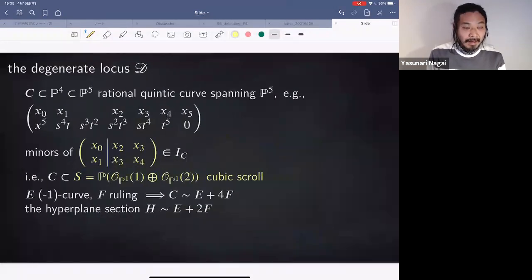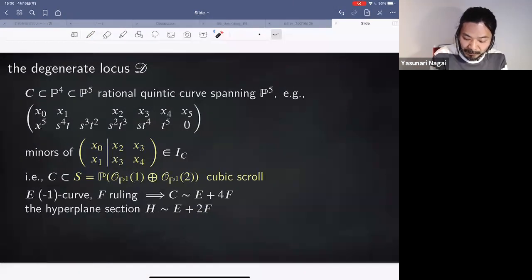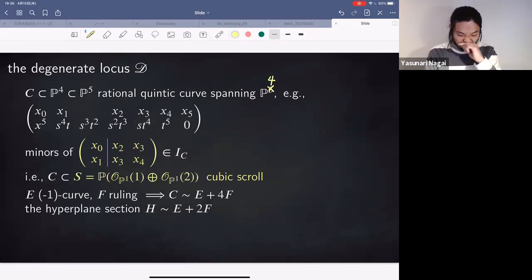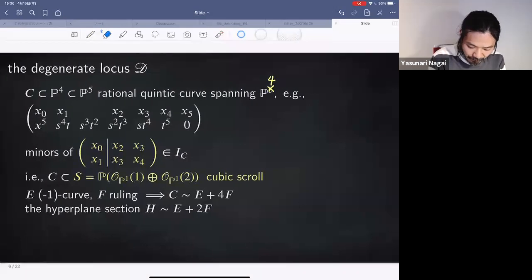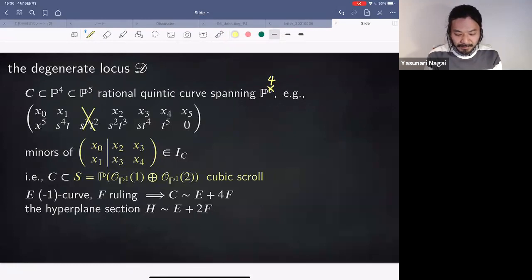And let me illustrate how one gets this 4-dimensional null space in terms of geometry. So let me continuously work on a rational normal curve spanning P4. It can be obtained, for example, just by omitting this middle term and embedding it into P4.